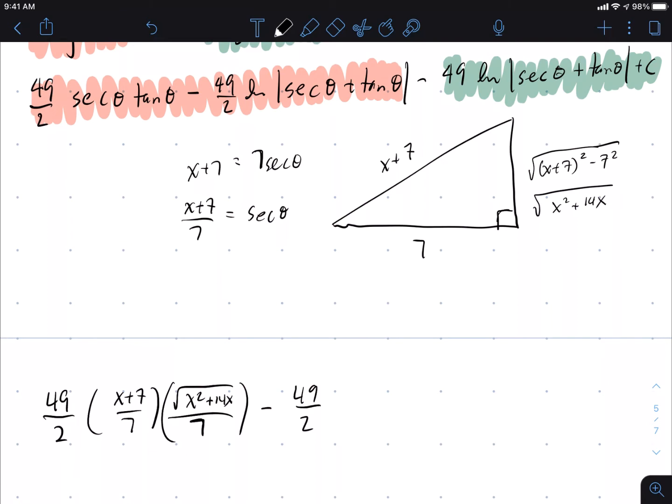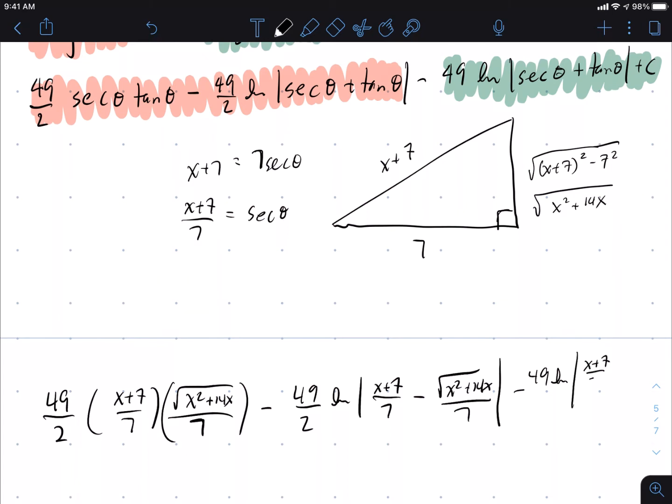I won't clean it up, even though they're both ln's. 49 over 2. Secant is going to be ln of x plus 7 over 7 minus tangent, which we have already. Right? Minus 49, and it's going to be the exact same thing.